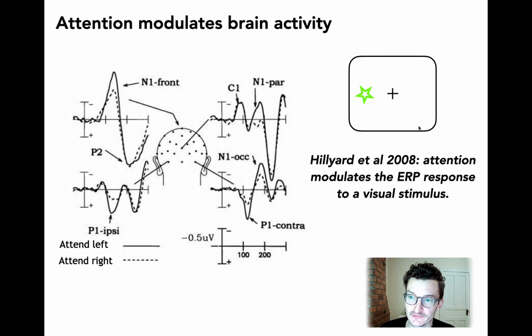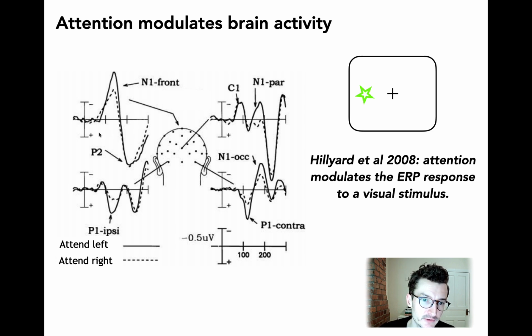So in this 2008 study, participants stared at a fixation cross, and they were basically doing the Posner task. And so they were cued to look to the right or to the left. And sometimes the cue matched the location of where the stimulus would appear. So an arrow pointed them to the left, and the stimulus appeared in that location. And on those trials, their brain activity, measured using electroencephalography, was increased.